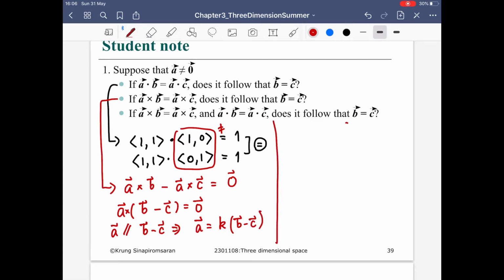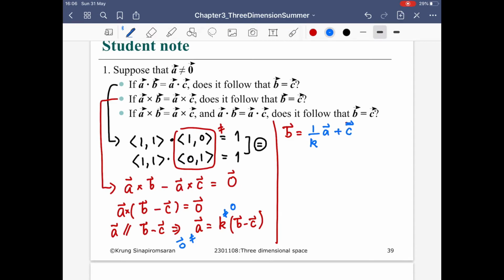So A and B minus C are parallel to each other. Can you solve for vector B? Because this k is of course not 0, since A is not a zero vector, B can be written as 1 over k multiplied by A, plus C.